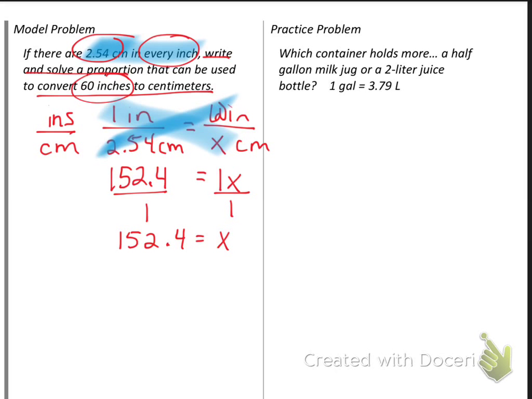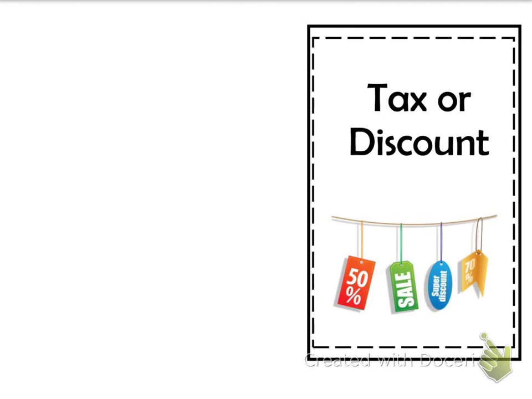So 60 inches equals 152 centimeters. You're going to do the practice problem on that one as a warm-up, and then we will go over it together. There will be lots of practice problems.